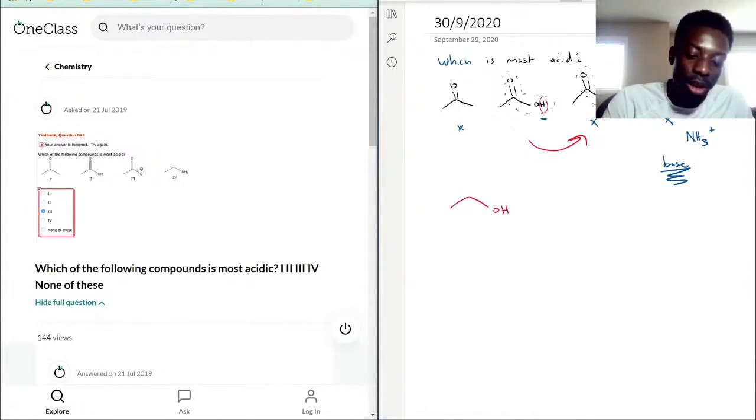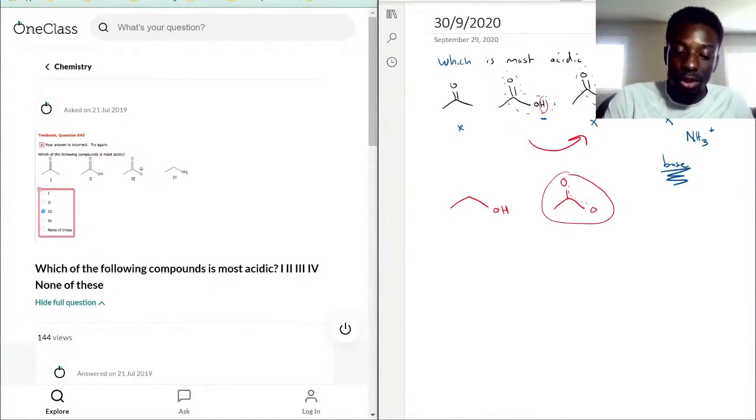This one wouldn't work because there's no resonance structure. This oxygen is in a really awkward position to give away a hydrogen. It doesn't just want to be negative, it wants to be in a balanced state. When you give away that hydrogen from this oxygen, you end up with a structure like that, where these two oxygens are sharing that double bond. This resonance structure is what lets those types of molecules do what they do. And that's why that's the most acidic.